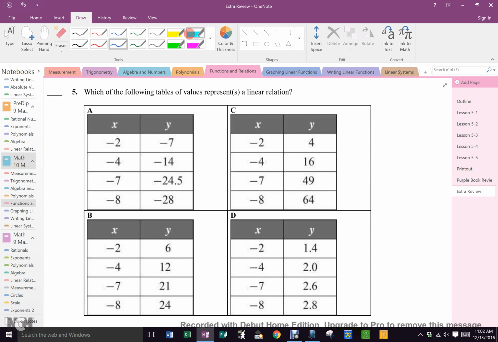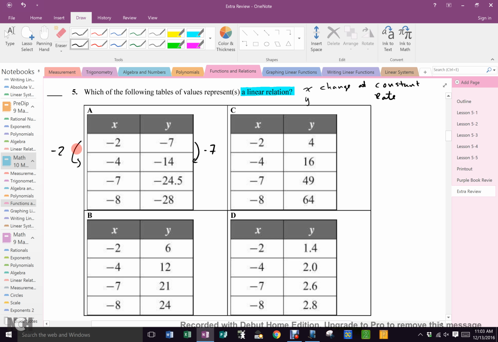Which of the following is a linear relation? What does that mean? That means x and y change at a constant rate. So, let's check this first one. -2, -7.